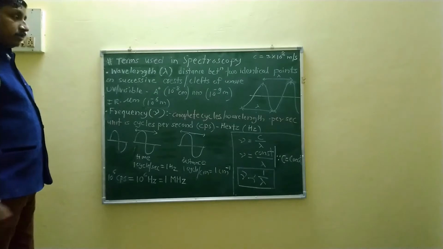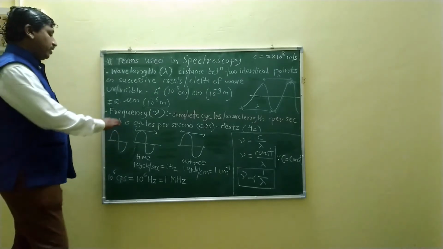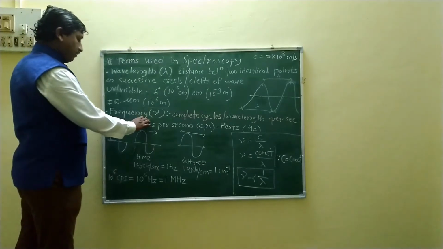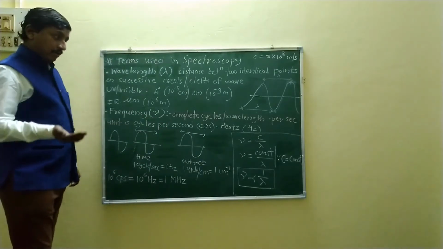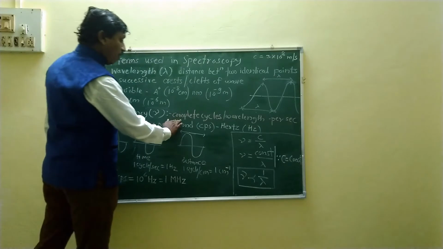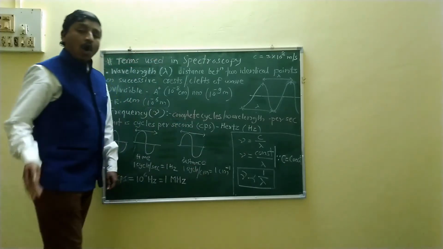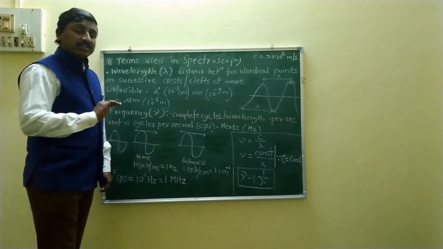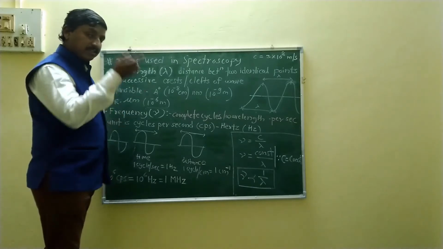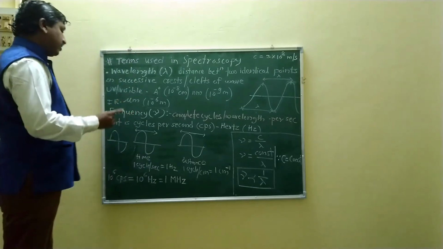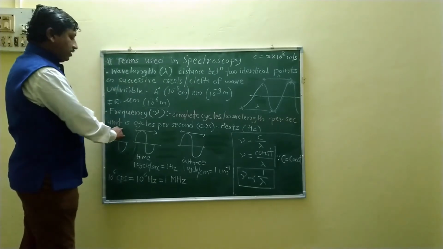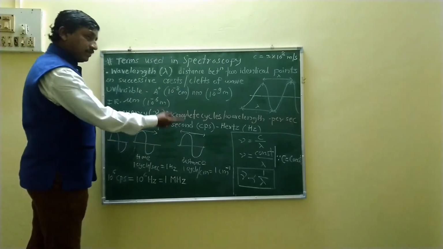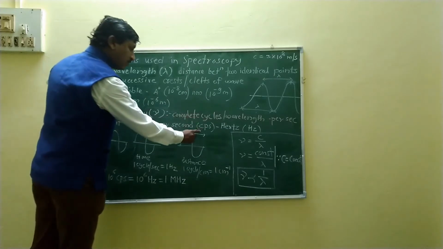The next important term used in spectroscopy is frequency. It is the number of complete cycles or wavelengths passing through a point per second. Its unit is cycles per second, in short CPS.